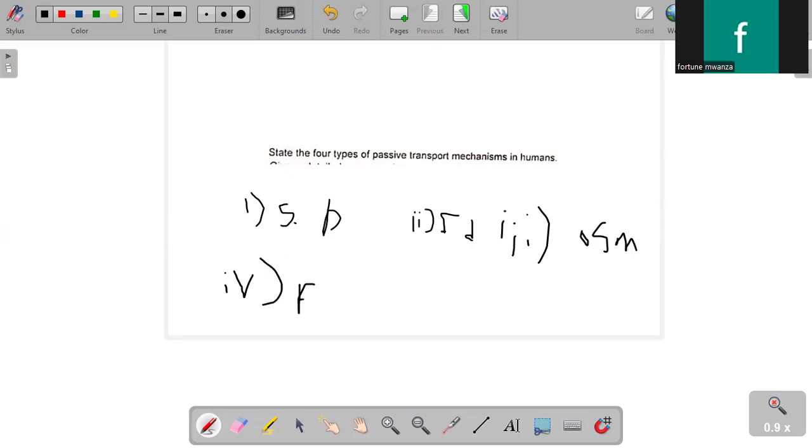So these are the types of passive transport across the cell membrane.